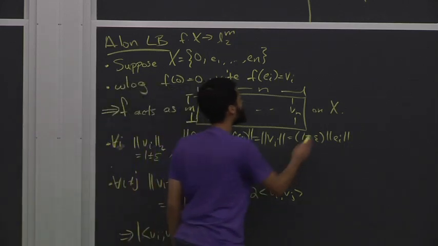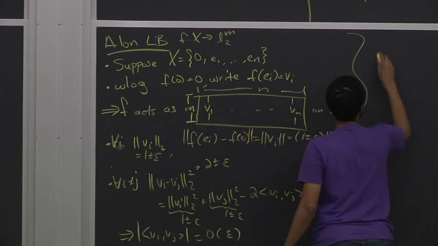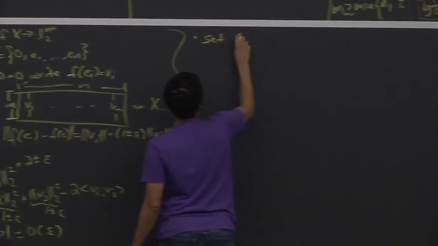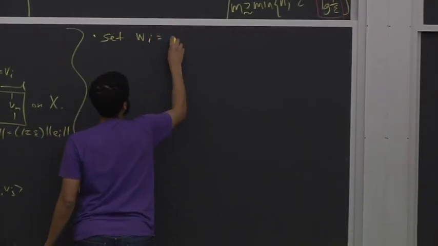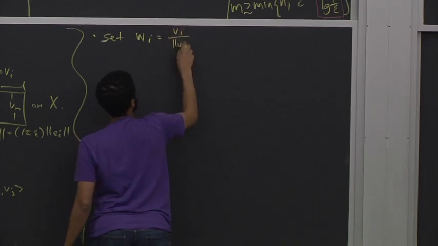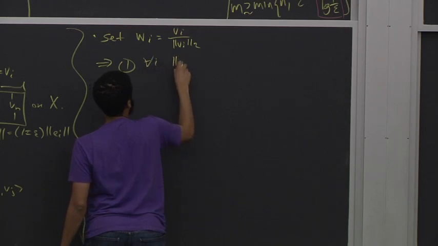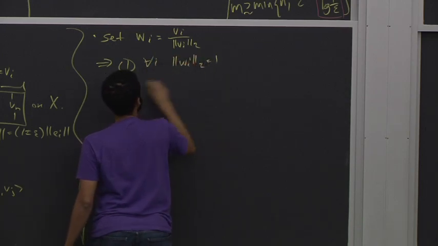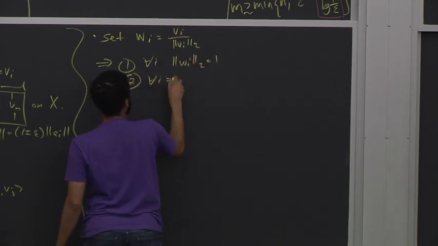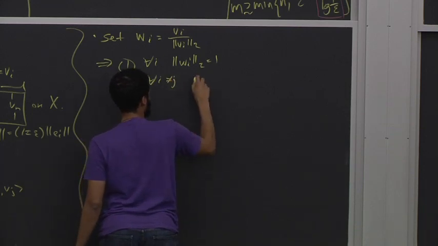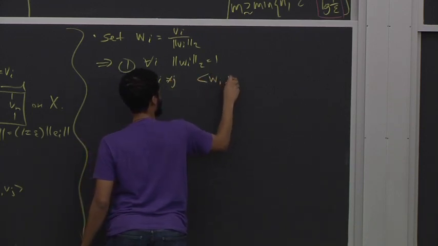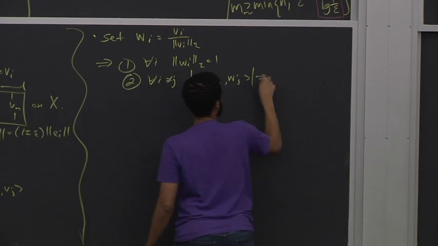And in fact, we can set Wi to be Vi over the norm of Vi. This implies that for all i, the norm of Wi is 1. And also for all i not equal to j, we still have that Wi dot Wj is O of epsilon.